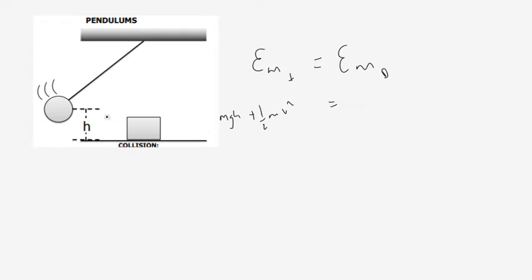Even at this position, it still has its mgh because it still has a height relative to the ground, mgh plus half mv squared, which is kinetic energy.